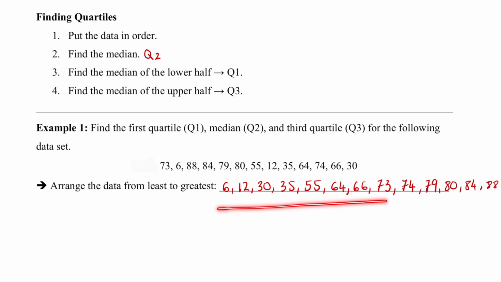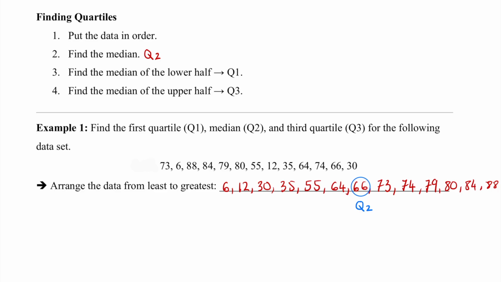There are 13 values in this data set, so the median will be the 7th value. 1, 2, 3, 4, 5, 6, 7. The median is 66. The median splits the data into 2 halves. The first half has 6 values, and the second half has 6 values.